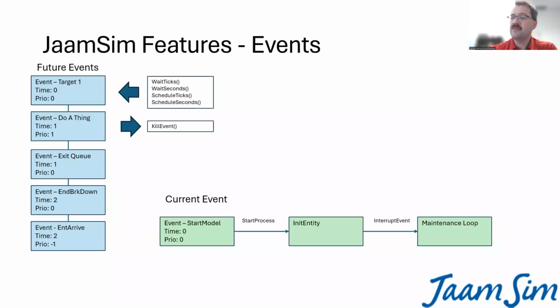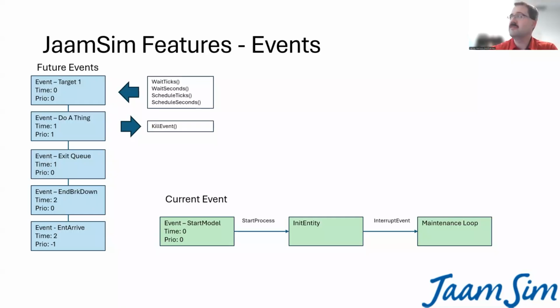And as you call the different pieces of API, whether you're scheduling a future event or waiting, it will then add events back to that future event list. From the current event, things like start process will effectively pause that execution and immediately jump into a new process until that process exits or until it waits, in which case you'll then return one back.